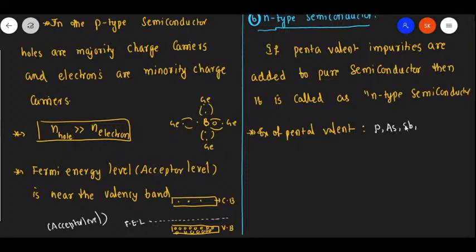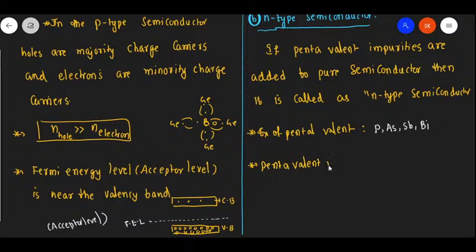These are examples of pentavalent impurities. If a pentavalent impurity is added to the pure semiconductor, then it is called an n-type semiconductor. I will explain clearly and you listen very carefully. That is what we have to do here: add the pentavalent impurities.